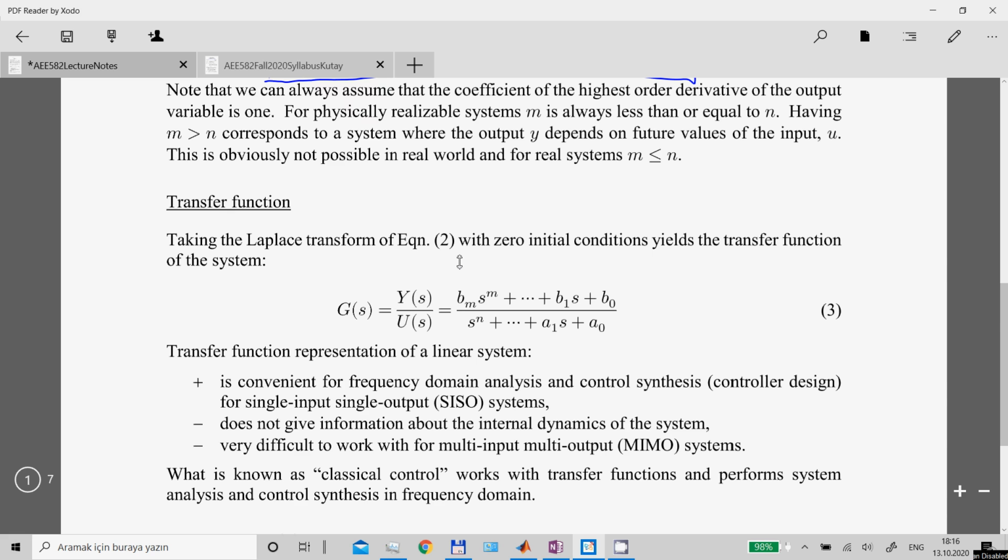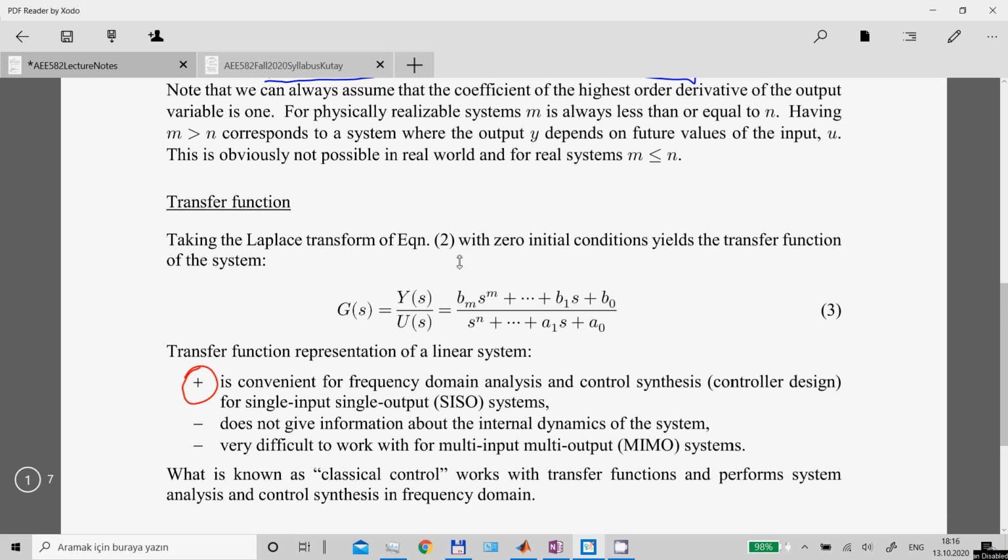You can draw root locus and choose your controller gains by using that, or you can design some dynamic compensators to achieve your design goals. So everything is very convenient for single input, single output systems. So this was a positive attribute for classical control.